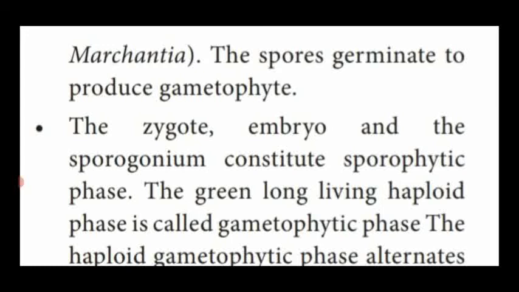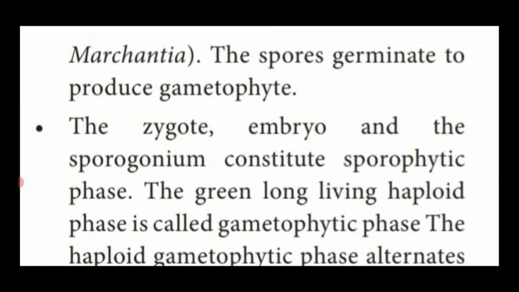These elaters are responsible for the dispersal of spores. Then the spores afterwards germinate and produce the gametophytic thalli of the bryophytes. That's why in the first points itself it is given that the plant body of the bryophyte is gametophyte.